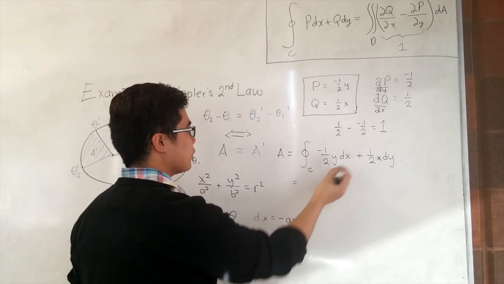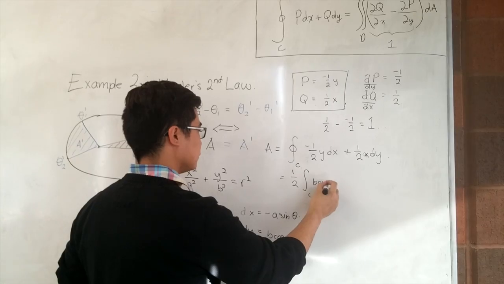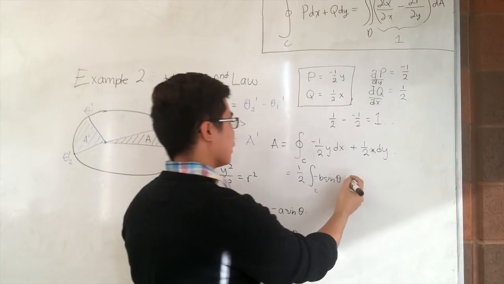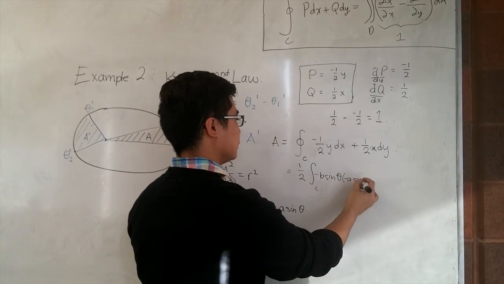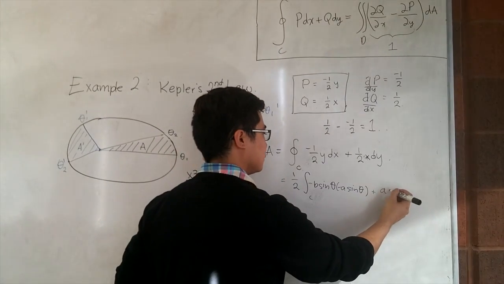We can simplify this, factor out the 1/2 with y, so b sine theta, dx, which is negative a sine theta, and x, which is a cosine theta, multiplied by dy.